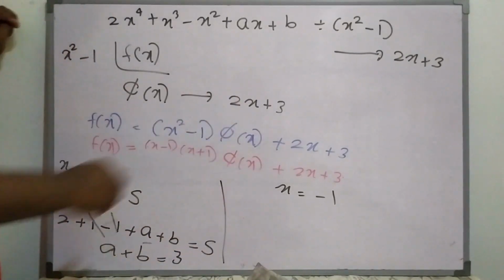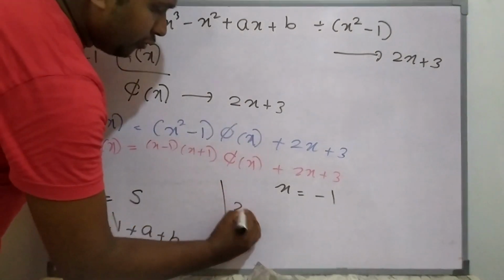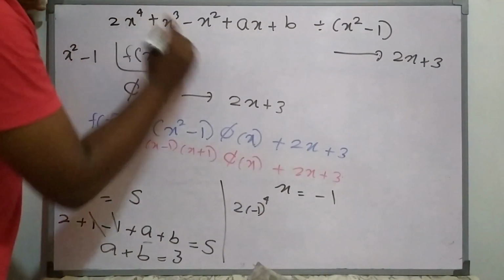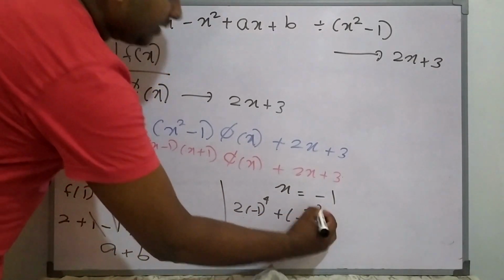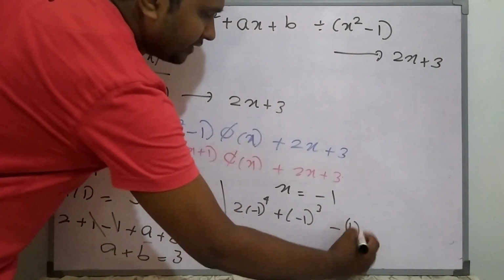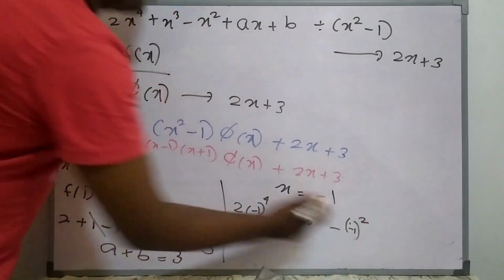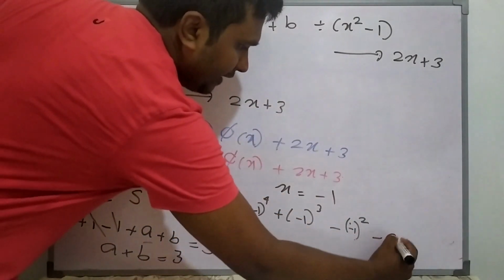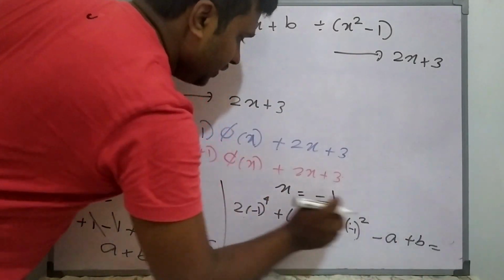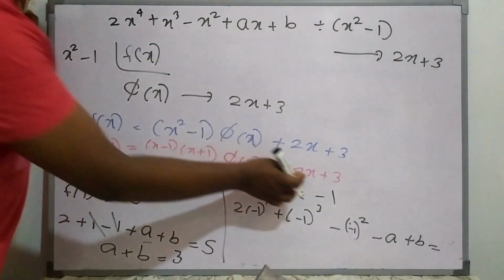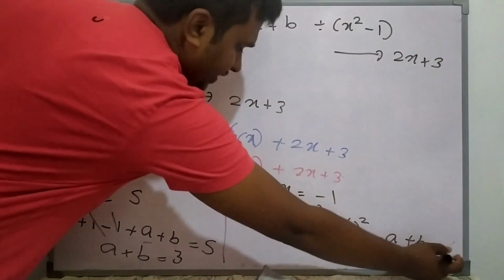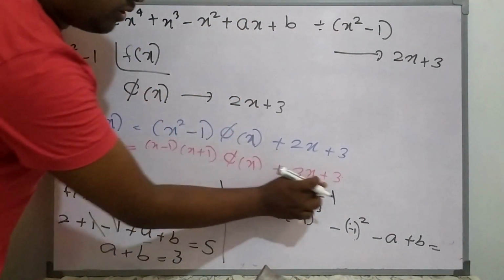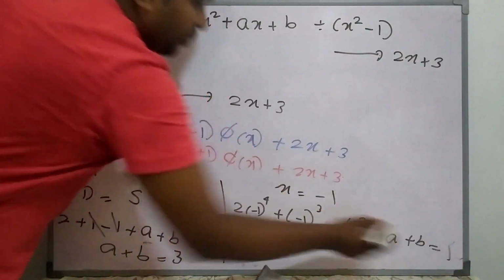So what happens if you put minus 1? So 2 times minus 1 to the power 4, minus 1 to the power cube, minus 1 to the power 2, minus a plus b equal to minus 2 plus 3. This is 0. Minus 2 plus 3 is plus 1.